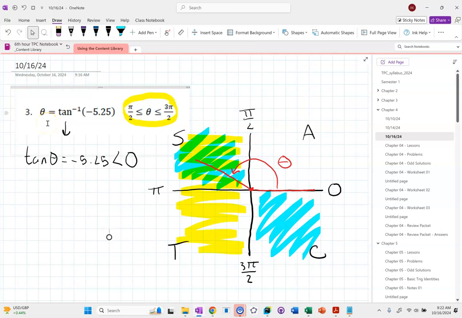So far, so good. I'm now going to draw in my angle alpha. My angle alpha is always made between the terminal side of theta and the x-axis. So that would be my alpha. And I always calculate alpha by doing the inverse trig function of the absolute value of whatever the number was.